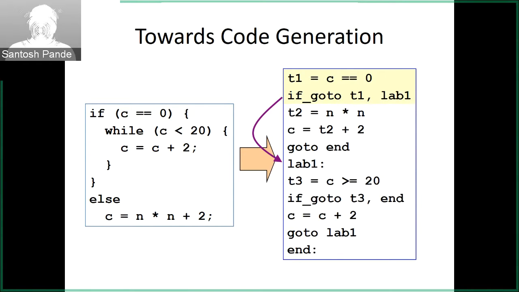Going to the while statement, it will have a conditional or a predicate. Then in the body of the while, we'll have a statement or statements, in this particular case a single assignment statement.